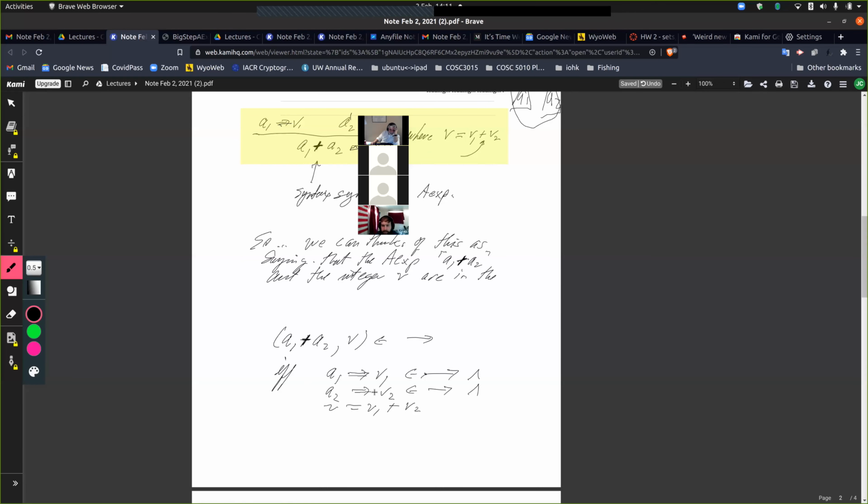These should have all been double arrows. What does this rule say?